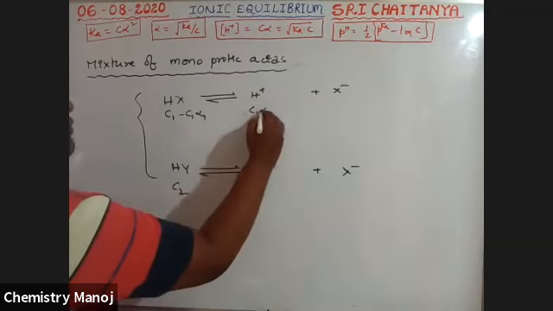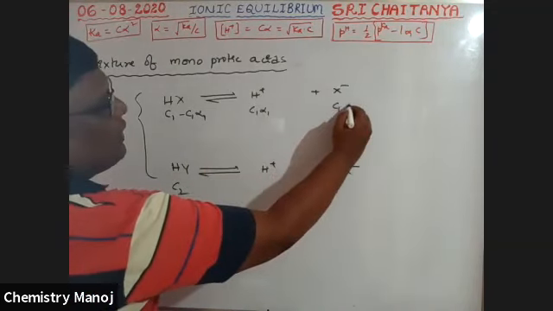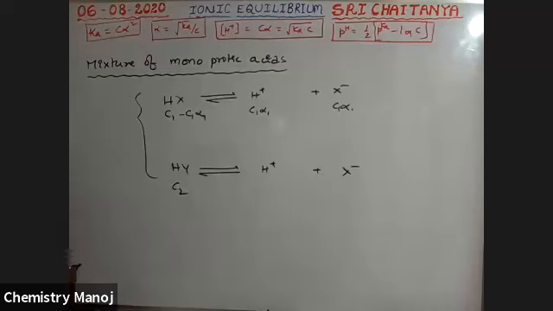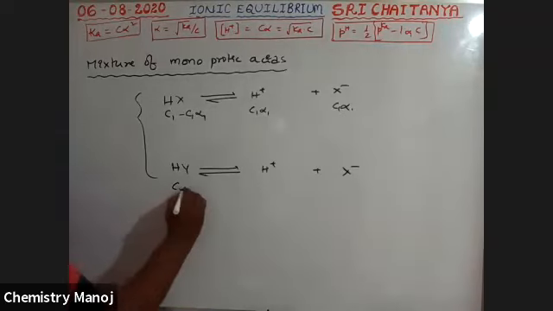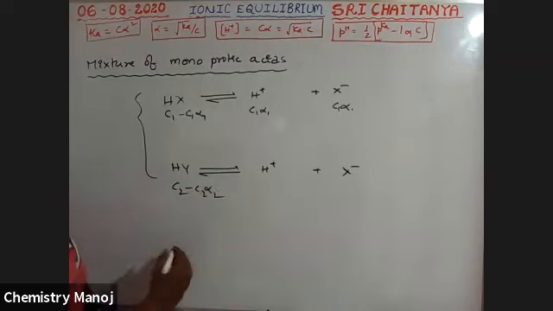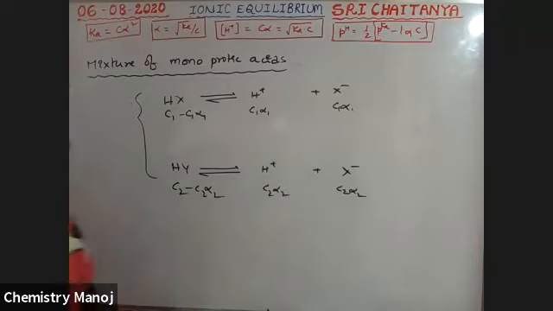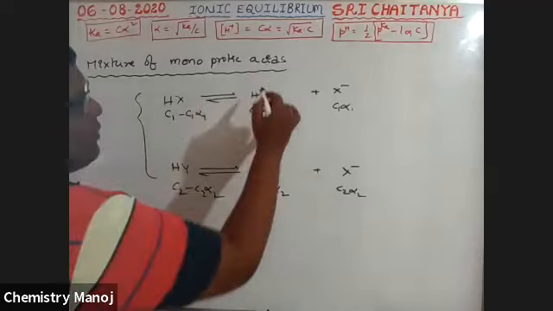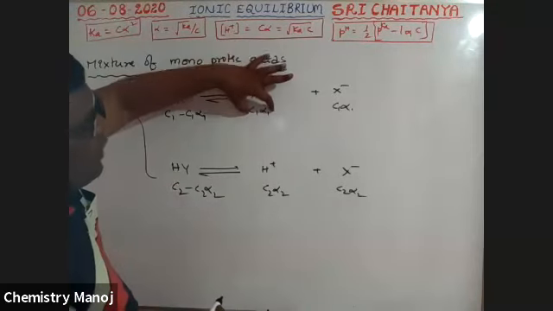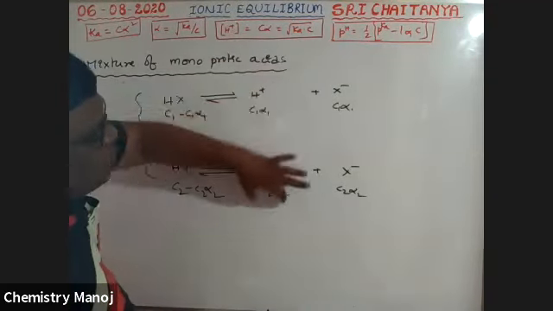C1 alpha 1, alpha 1 is the degree of dissociation. Here C2 alpha 2 is dissociated. So in the mixture H plus concentration is C1 alpha 1 plus C2 alpha 2. So these two should be used.